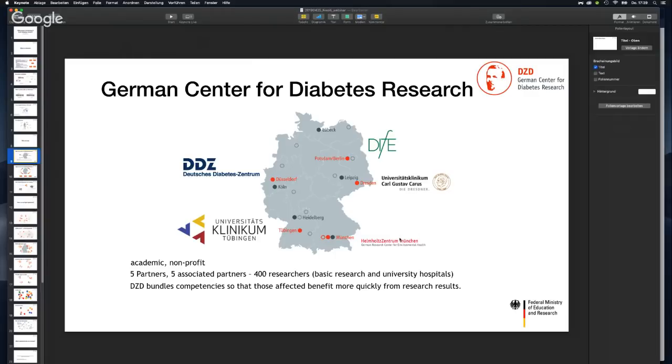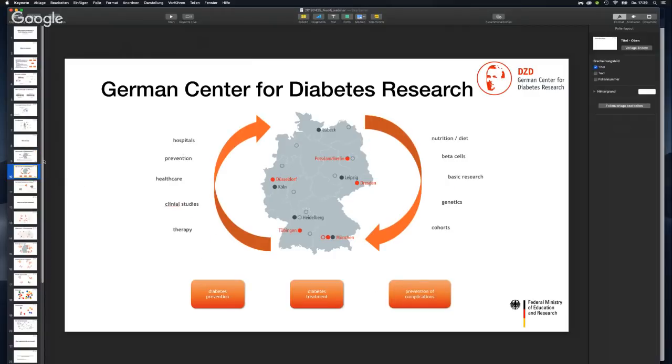And altogether, we have more than 400 researchers that are either medical doctors or basic research scientists. Our research fields are mainly nutrition or diet. We have research in beta cells and multi-omics data, so genetics, proteomics, multi-omics, and so on.